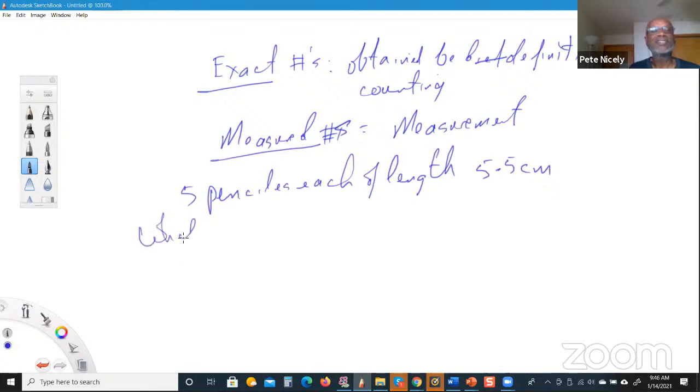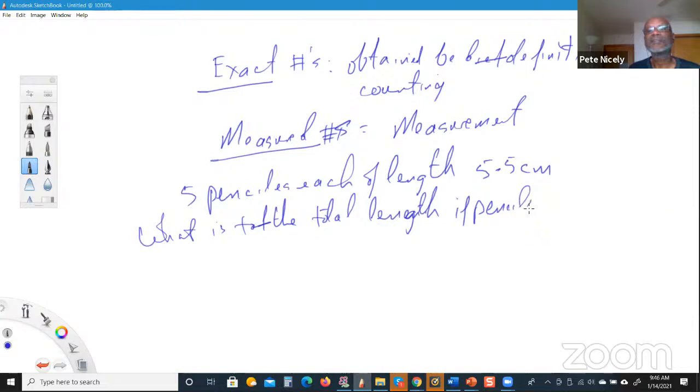What is the total length if the pencils are placed end to end of each other? All right.